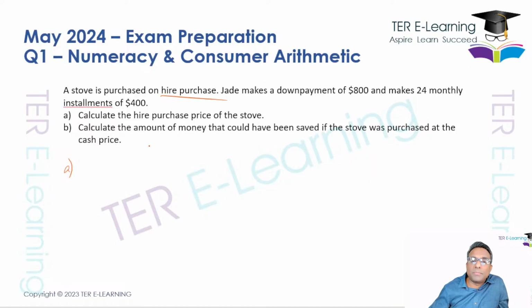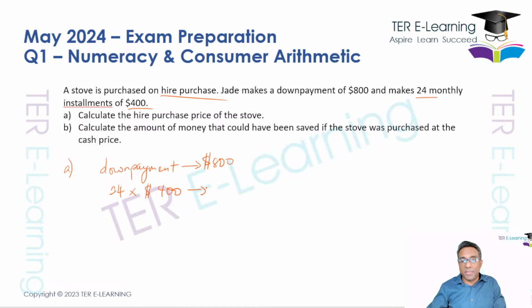So the down payment is $800, but then she's making 24 installments of $400. So it means that she's actually paying 24 multiplied by $400, so that's going to be 24 by 400.